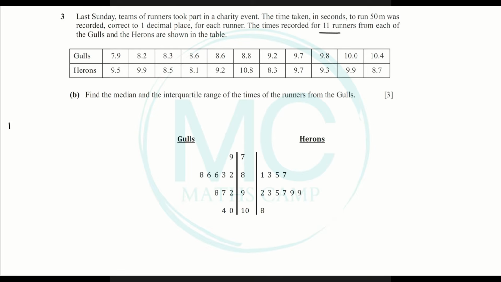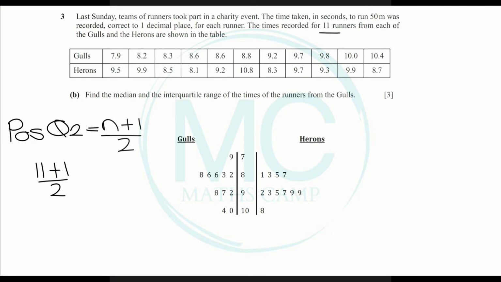So the position of Q2 is equal to the total number of runners plus 1, over 2. 11 plus 1 is 12, divided by 2 gives us 6. Q2 is the sixth value: 1, 2, 3, 4, 5, 6. So the median, Q2, is equal to 8.8.